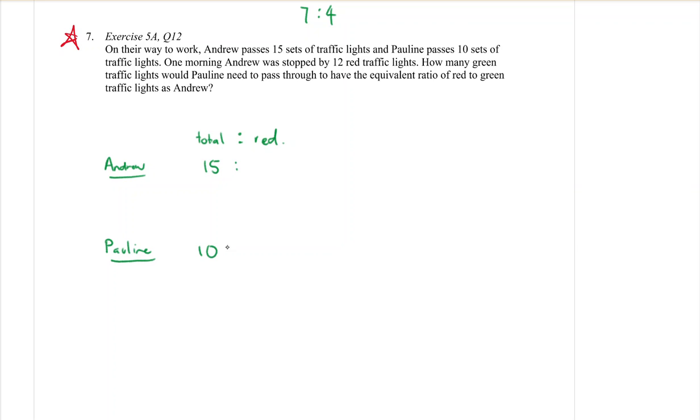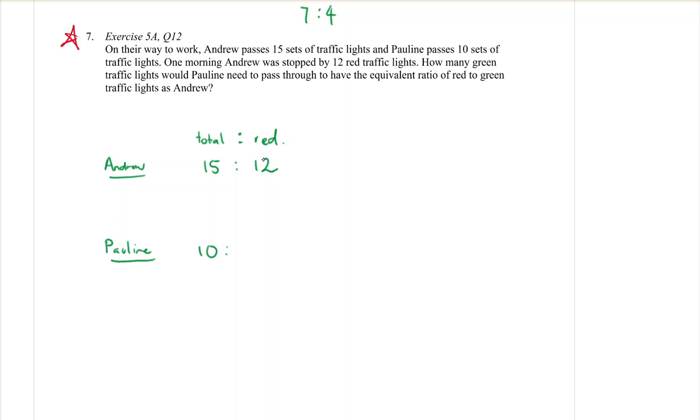One morning, Andrew was stopped by 12 red traffic lights. So red, he passes through 12 of them. That's it. They're the only numbers I've been given. It then asks how many green traffic lights, but let's not worry about the green for now. We need to find this missing number for Pauline.